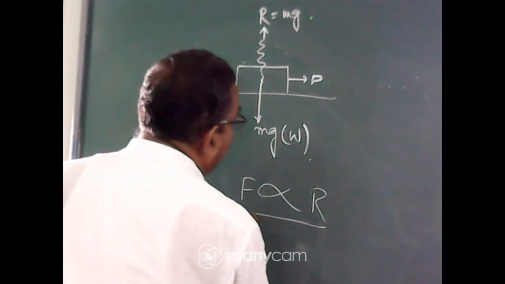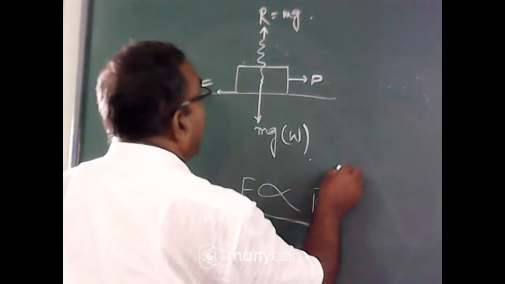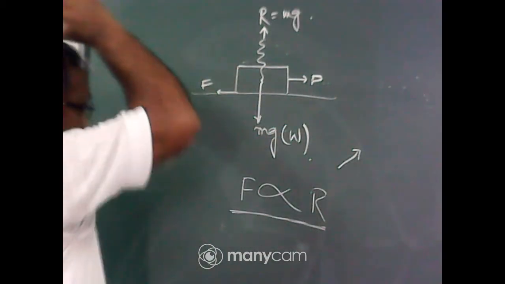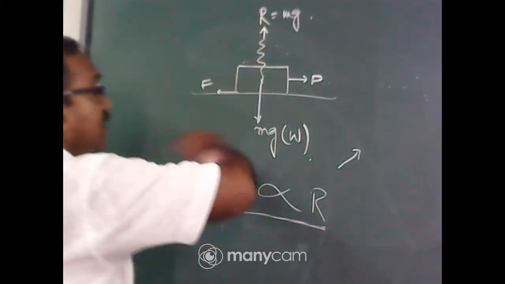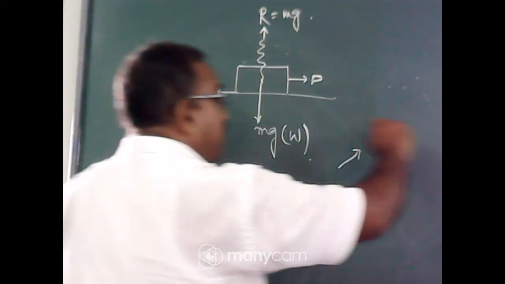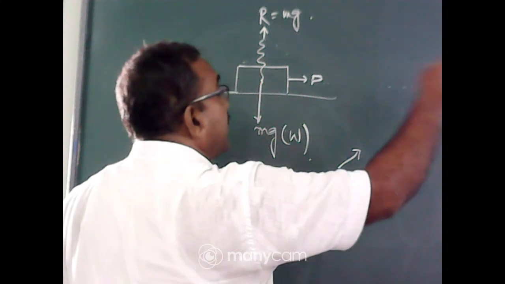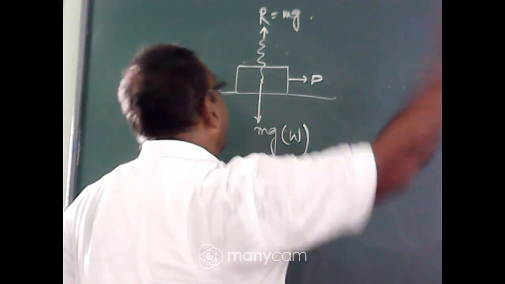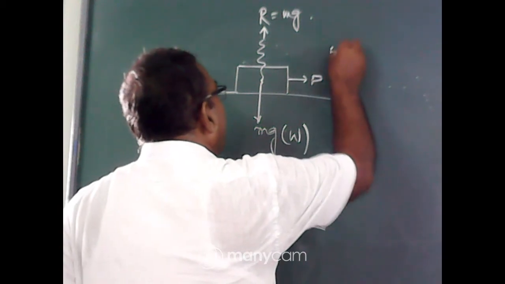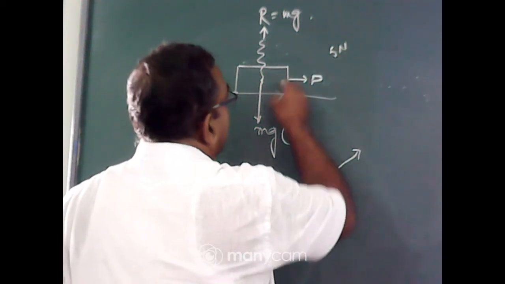The frictional force has a limiting value. Suppose the object is here and you apply a force in that direction, starting from 0 and gradually increasing to 1, 2, 3, 4, 5, 6. You see here, with just 5 Newton applied, the object cannot move.